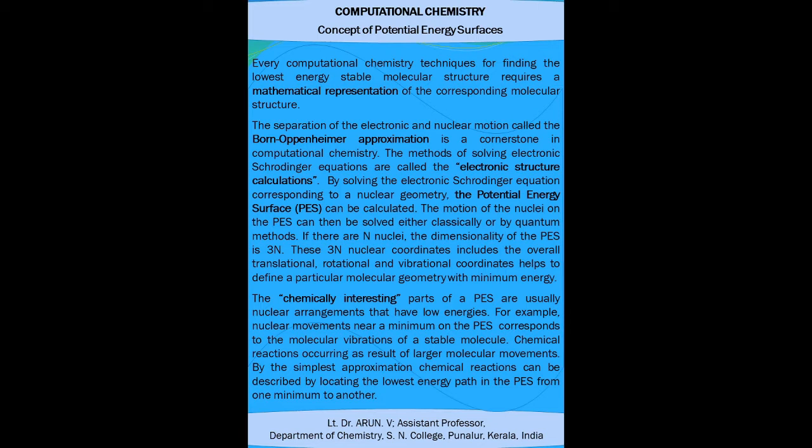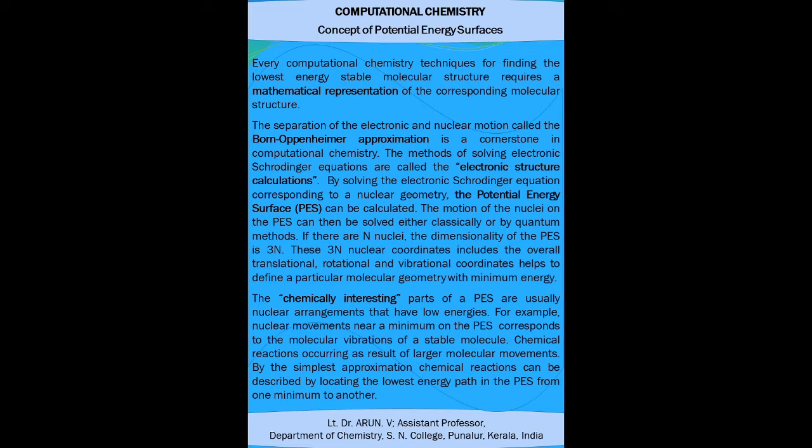The motion of nuclei on the potential energy surface can be solved either by classical or quantum methods. That is, by using the concepts of classical mechanics and quantum mechanics, we can solve the motion of the nuclei on the potential energy surface.